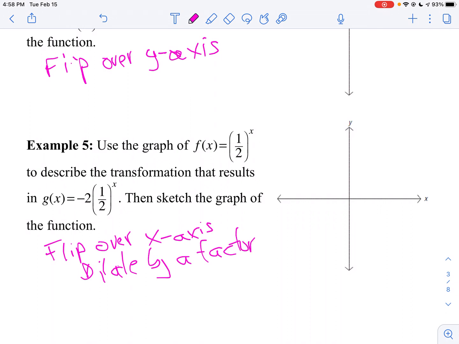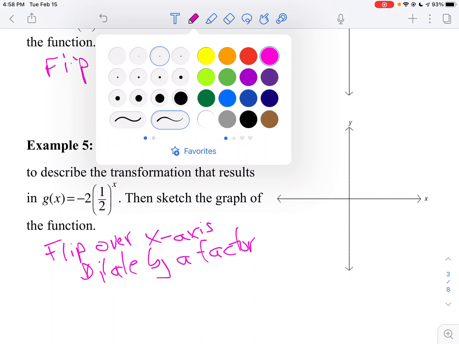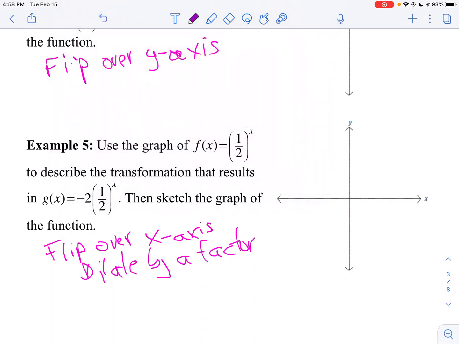And so then let's graph the original function again. So there's my original function. Then I'm going to flip it over the x-axis and dilate it by a factor of 2. So where this would be at 1, this is going to be at -2. And there you can see it.